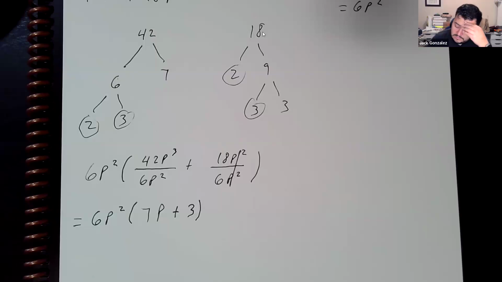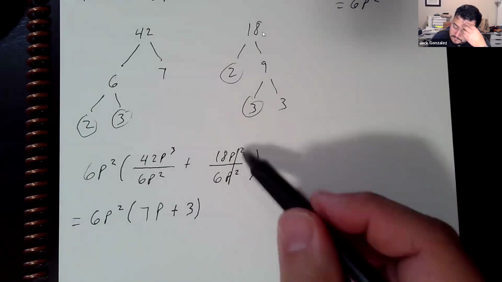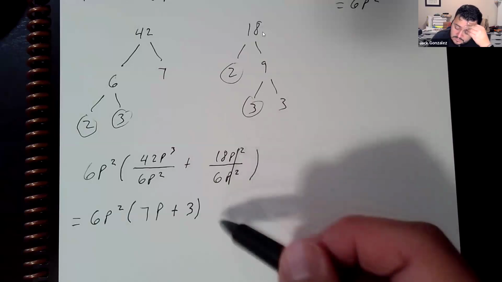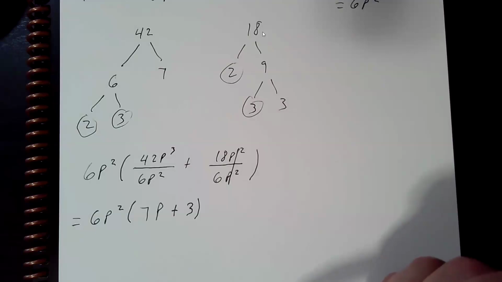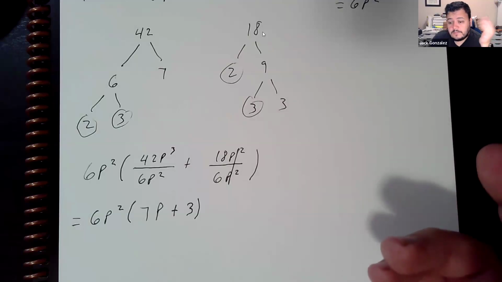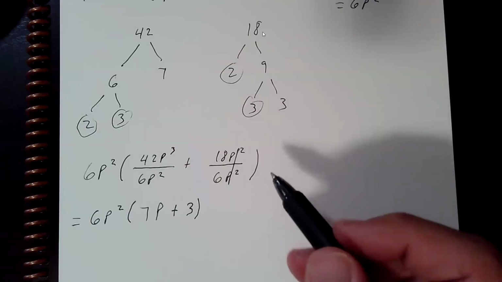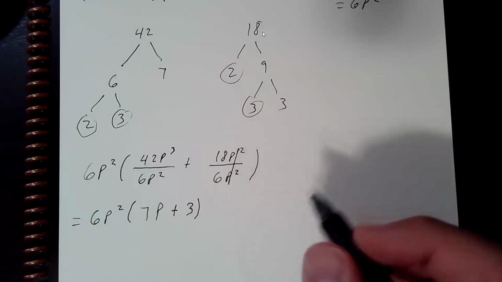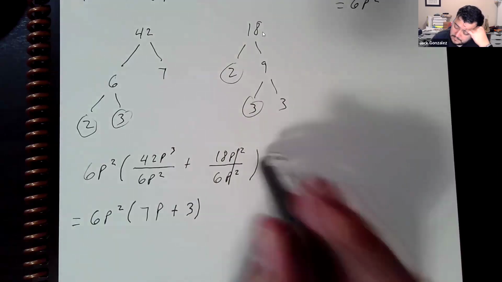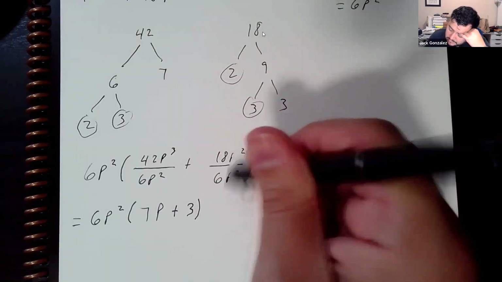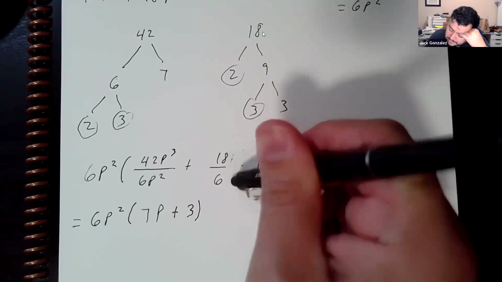Oh, I'm canceling them out because they're both the same. P squared over p squared, that's just going to be 1, right? Yeah. Like 4 divided by 4 cancels out, leaves you a 1. Okay. Technically, these are all canceling out and reducing, but this one was the obvious one. I'll erase it for now. Doesn't matter.